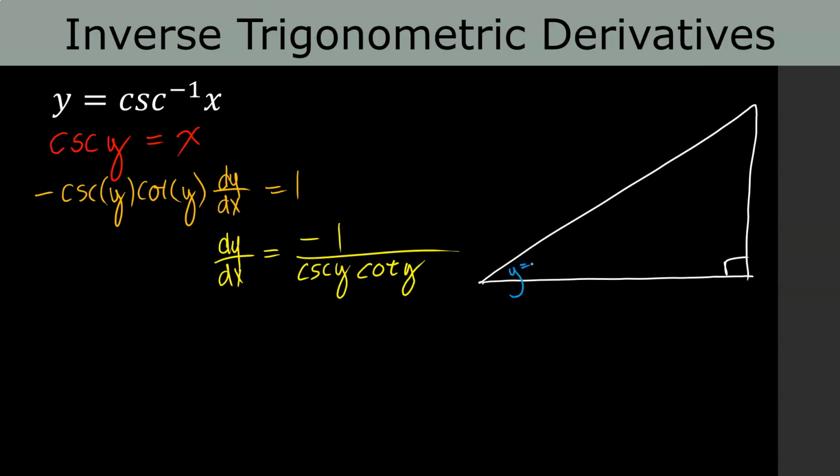Y, this angle, is inverse cosecant of x, which means cosecant is the reciprocal of sine. So sine would be opposite over the hypotenuse. Hypotenuse over the opposite side length is x, or the ratio x over 1. And this adjacent side length, which we're going to need for cotangent, is the square root of x squared minus 1.